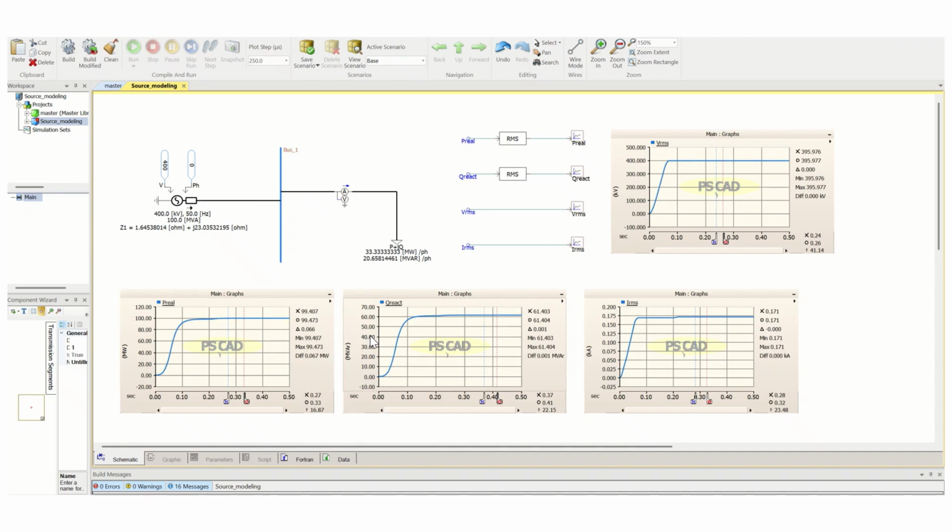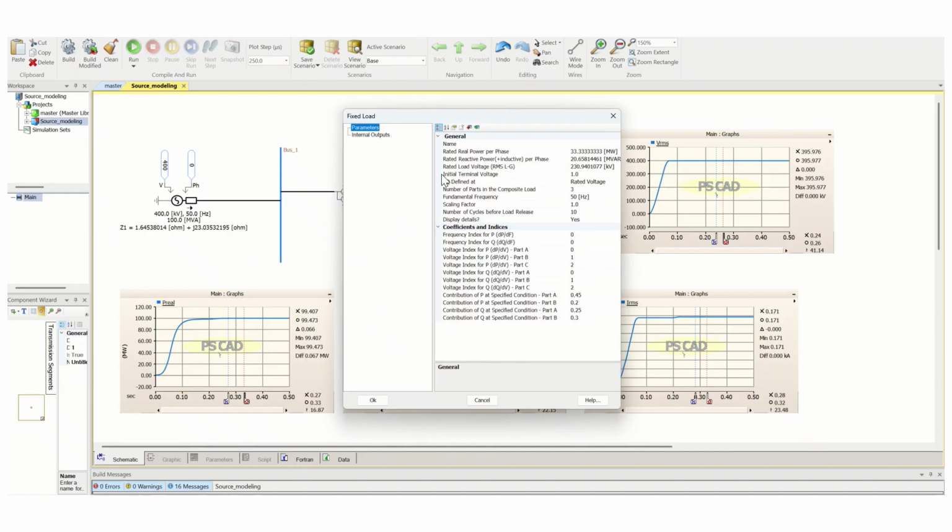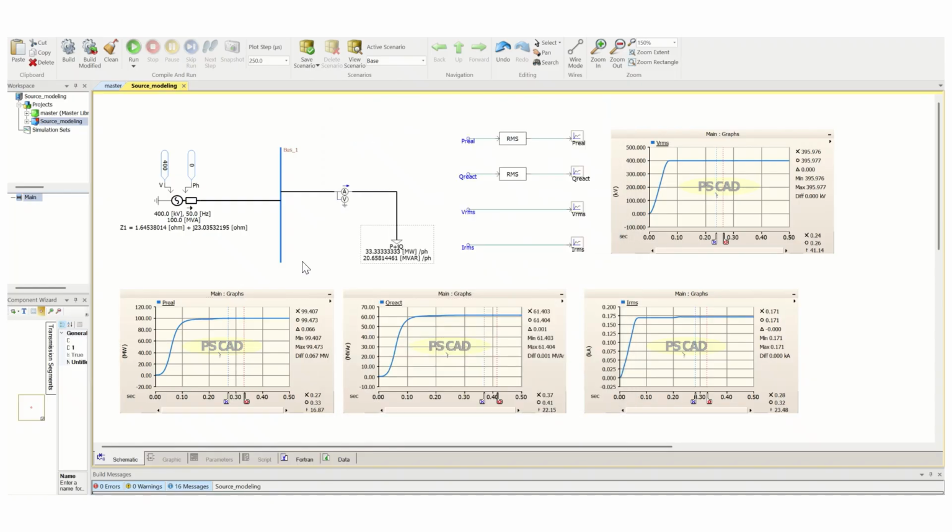So what we can say, when the grid is weak, in that case, since this is not a constant power load, this is the combination of three types of loads, meaning 45% constant power, 20% constant current, and balance 35% is the constant impedance load. The load real power is changed from 100 megawatt to 99.473 megawatt.